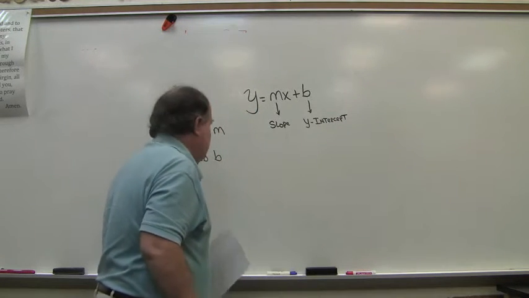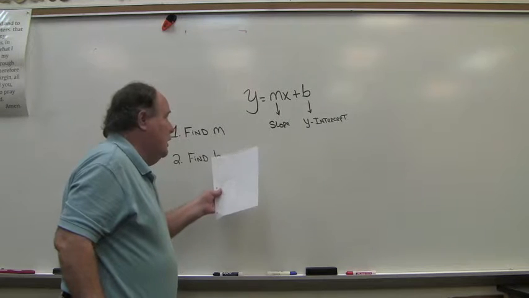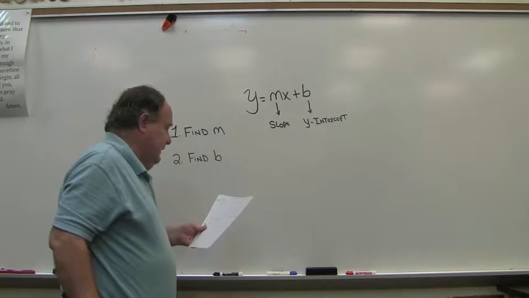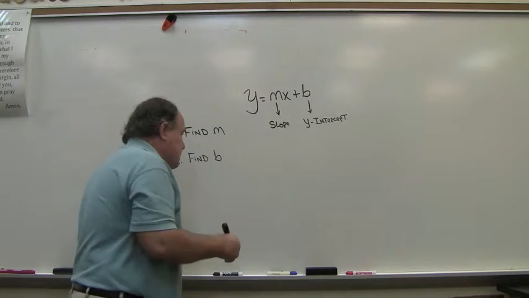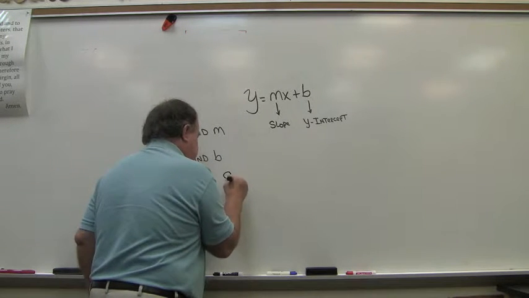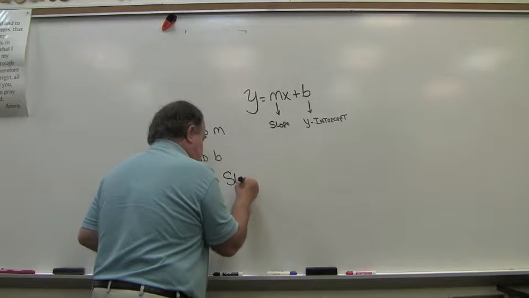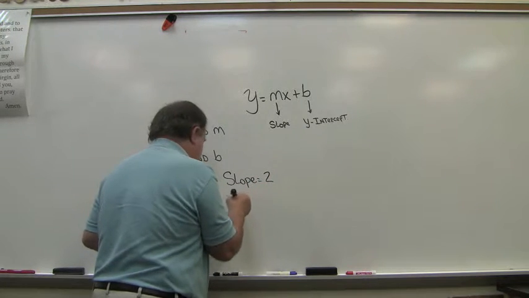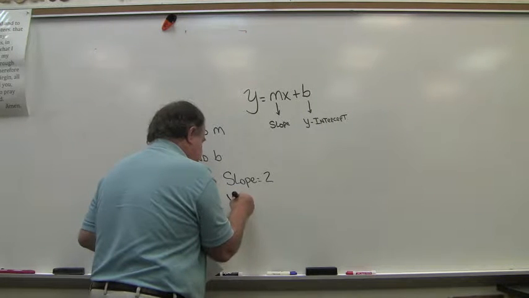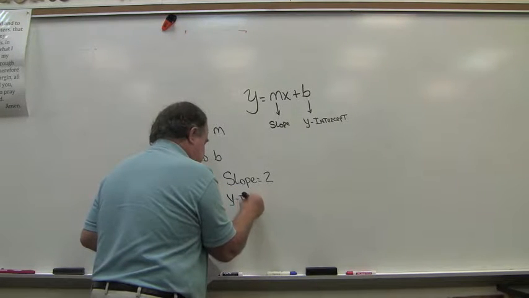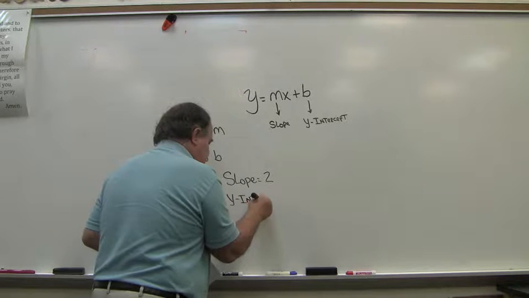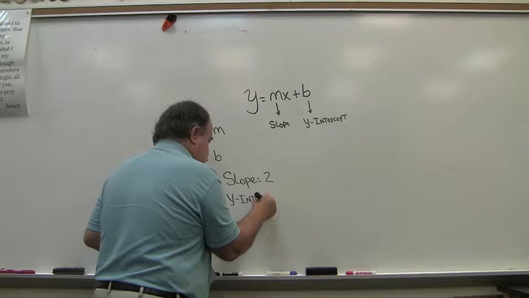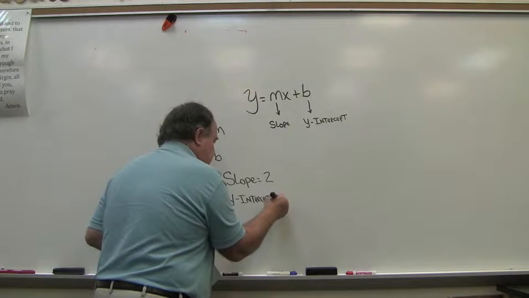Okay. Now, if we need these two things, let's look at example 1. Example 1 says this. They give you the slope, how lucky we are, 2, and they say that our y-intercept equals 3.